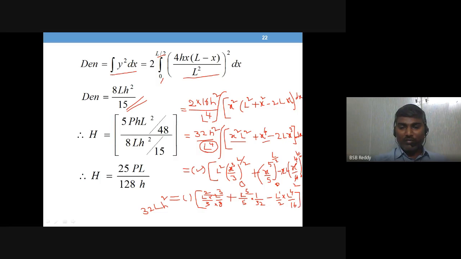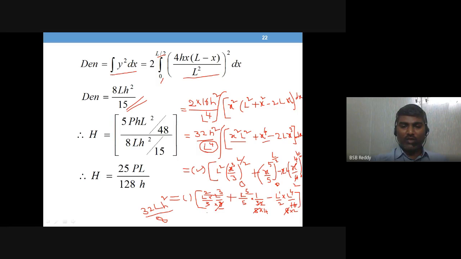Then what are all the numbers you have inside the braces? 8 in first term, and 32 you can replace with 8 into 4, and here 16 you can replace with 8 into 2. So 1 by 8 you can bring out. So 8 is not there now, it's taken out.